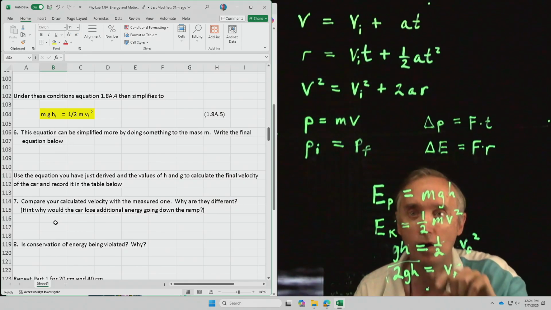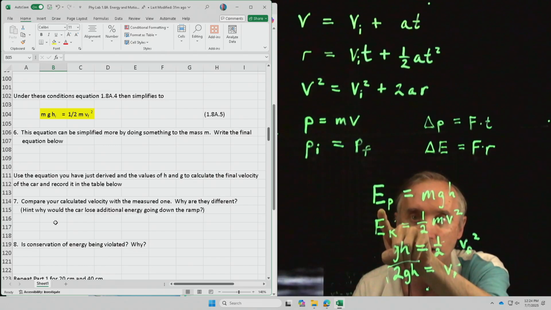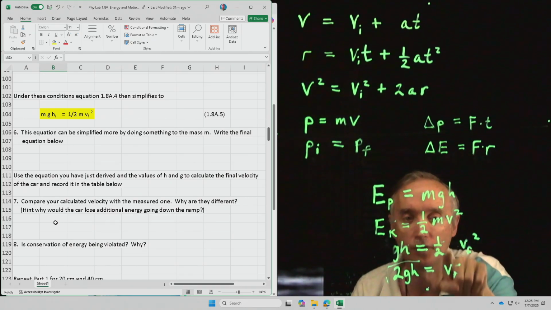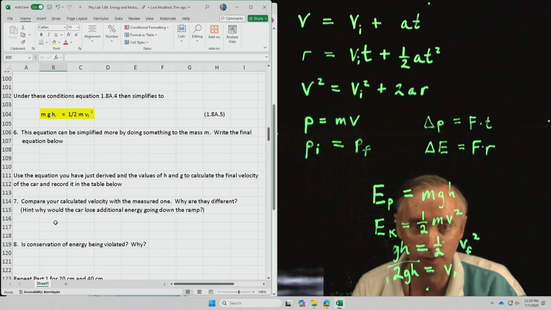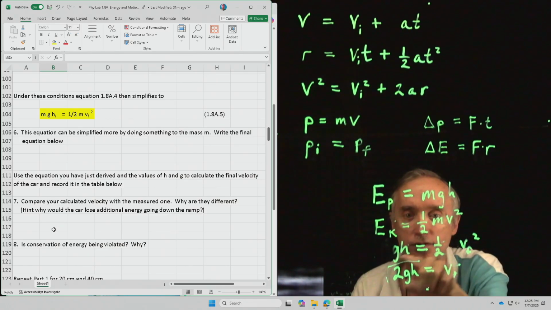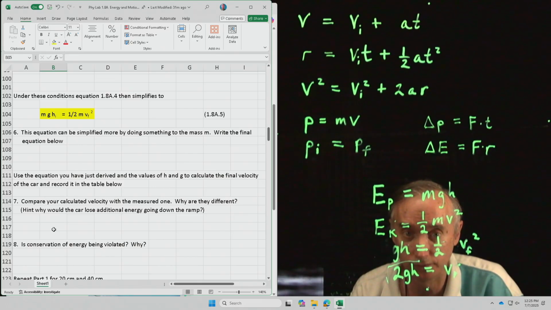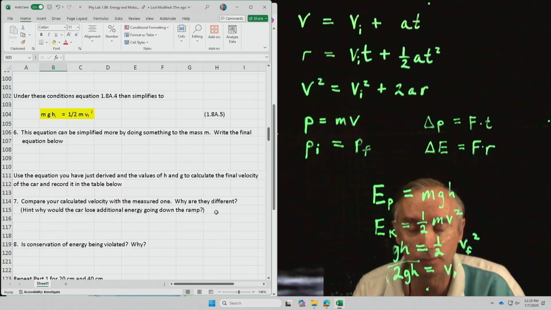So if all of the potential energy was turned into kinetic, then that would be the velocity you'd end up with. But look at the velocity that you end up with doing this, the calculated velocity, and compare it to the measured velocity, and you'll notice that you got two different numbers.